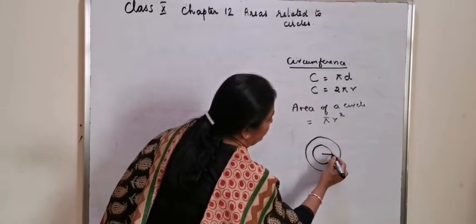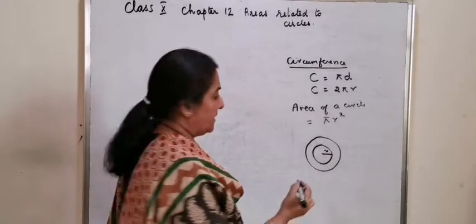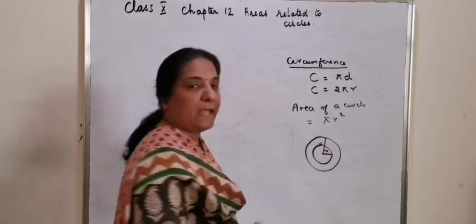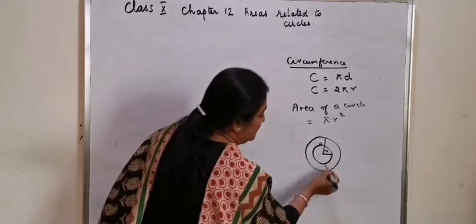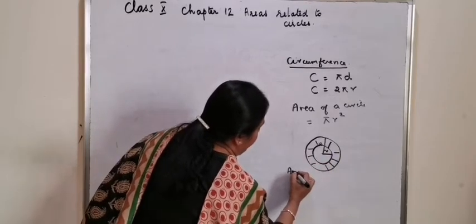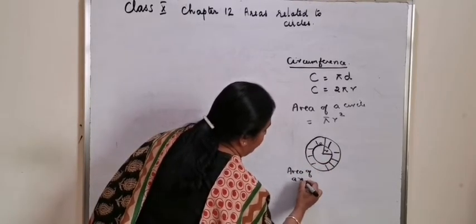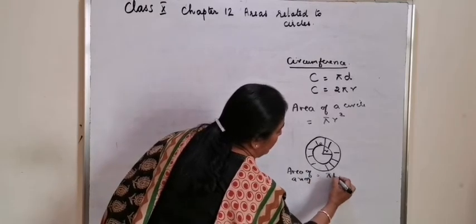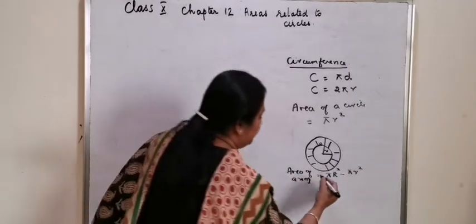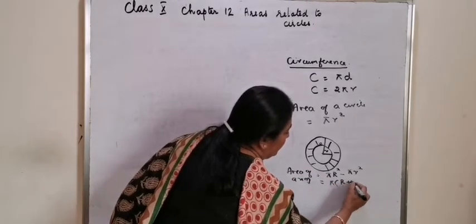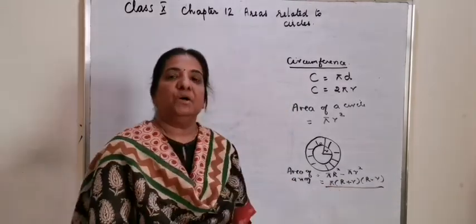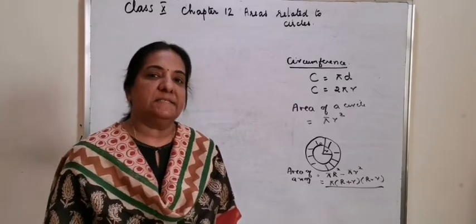Let the radius of the small circle be small r and the radius of the large circle be capital R. You can find out the area of the ring formed as area of a ring is equal to area of the outer circle minus area of the inner circle, or you can write the formula as pi into (R plus r) into (R minus r).